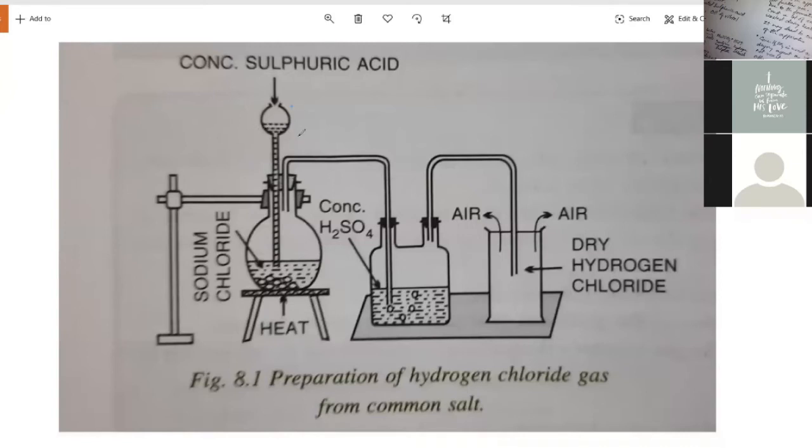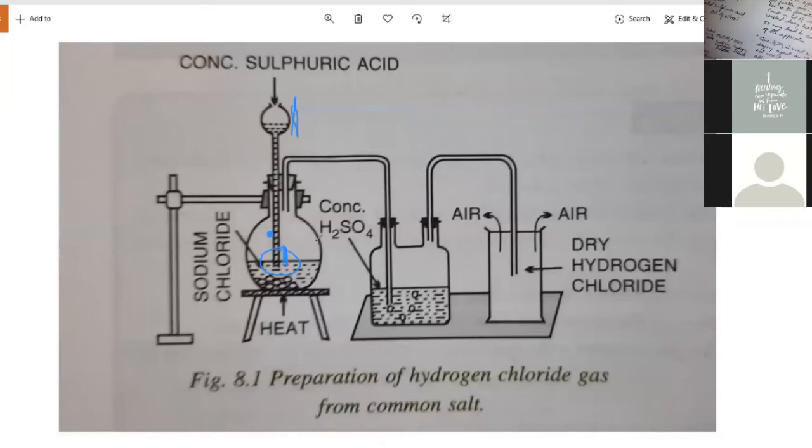This is your thistle funnel, this one here, and this is the end. You see the end. The lower end should be dipped in the acid itself. If that is not dipped in, then the gas can escape from there.